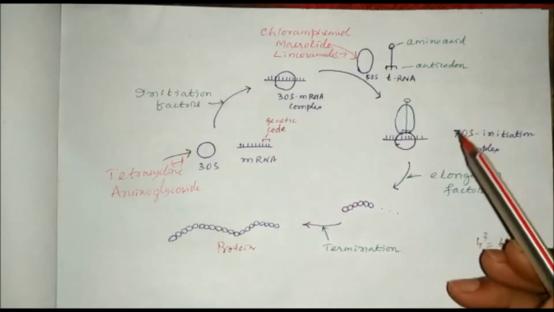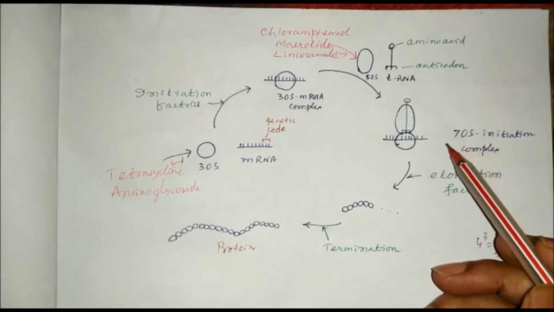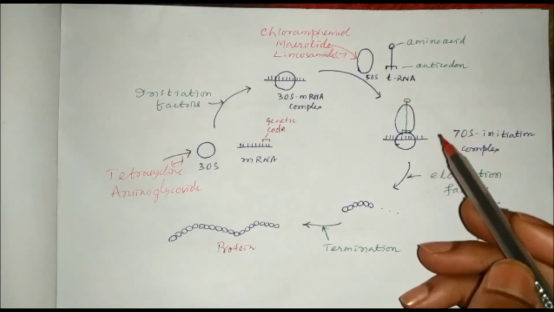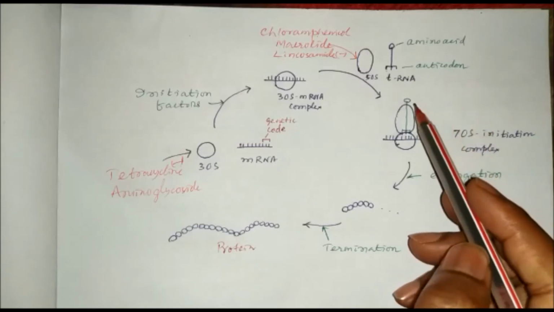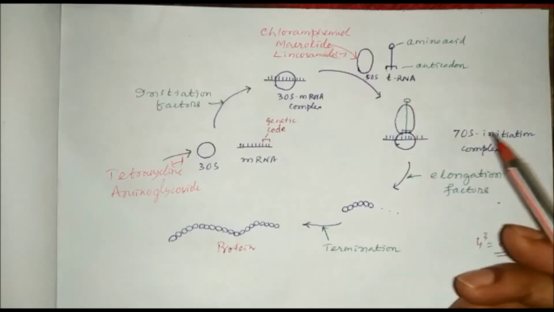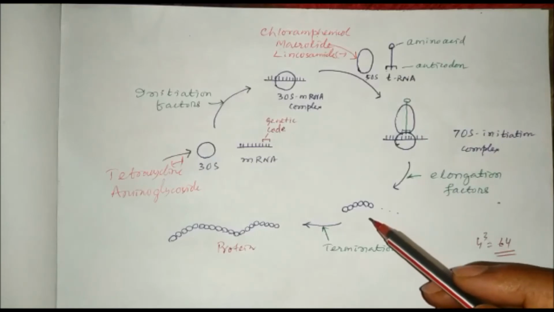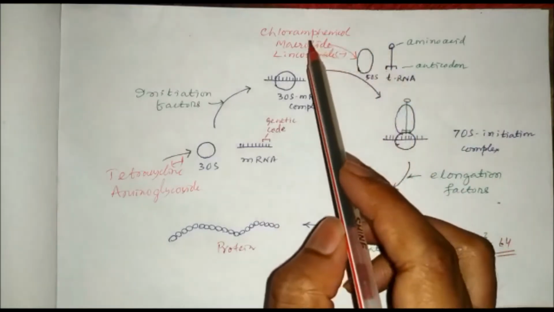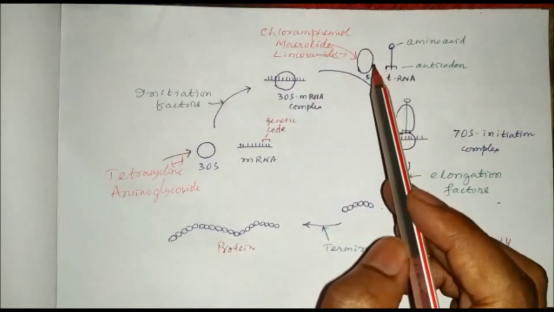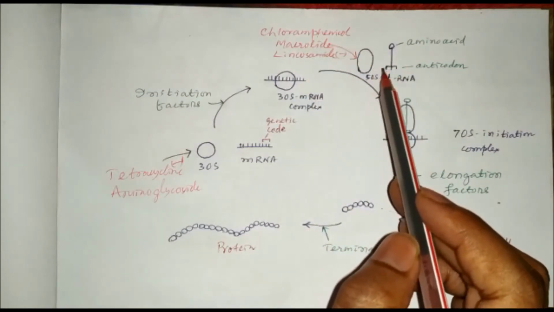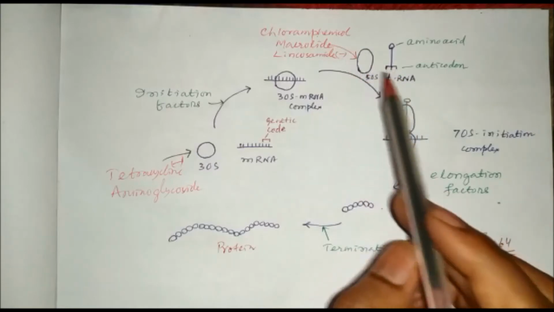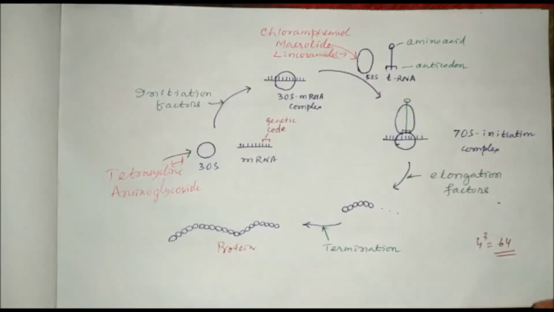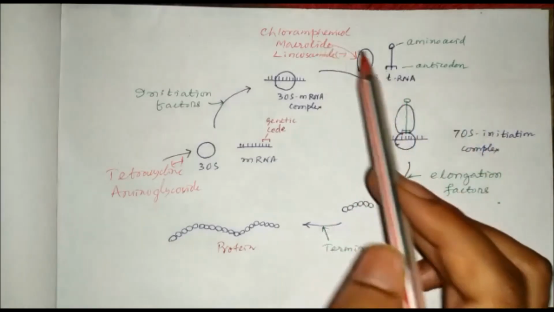So when the mRNA runs, the transfer RNA recognizes the codon and accordingly supplies the amino acid, and when the amino acids join one after another we have the protein. So chloramphenicol binds to the 50S subunit of the ribosome and hence inhibits the protein synthesis. So the translation is inhibited by chloramphenicol.